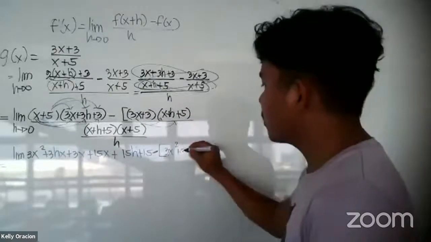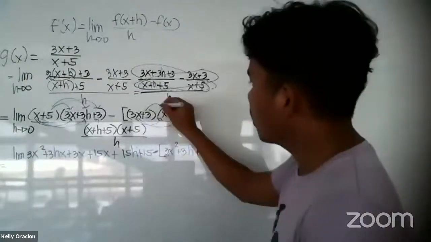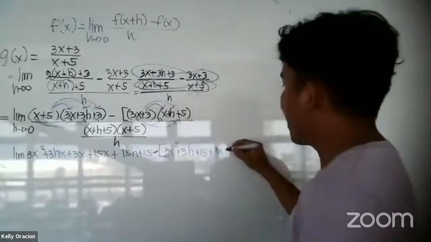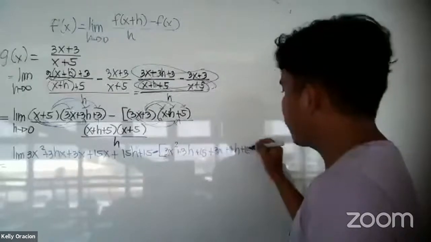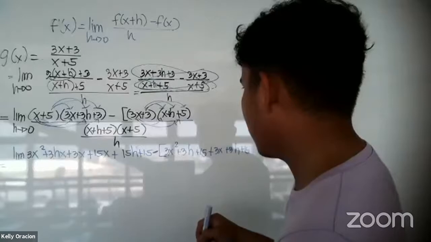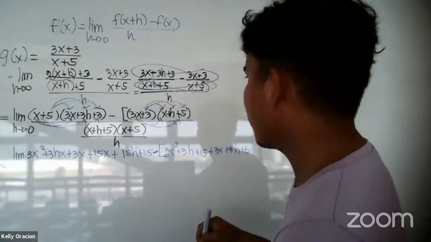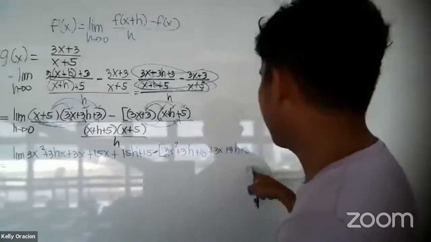Next, plus 3h plus 15 plus 3x plus 3h plus 15.